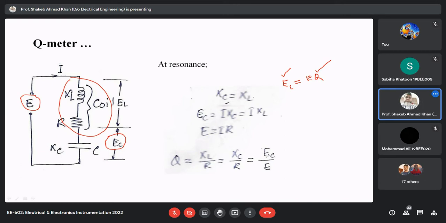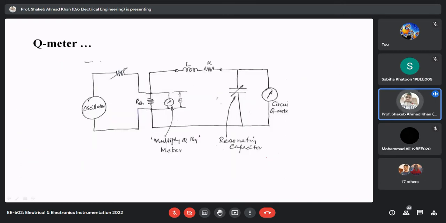That E is always known. So this is the setup of the Q meter. This is your oscillator circuit. This is your variable resistance, and then this is a very important thing: the oscillator circuit basically excites a small shunt resistance.